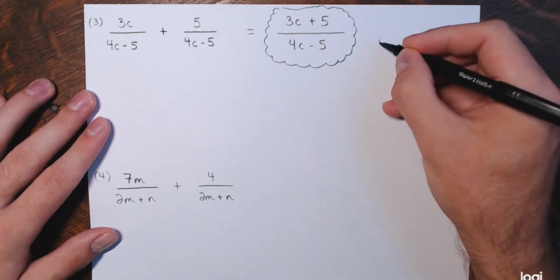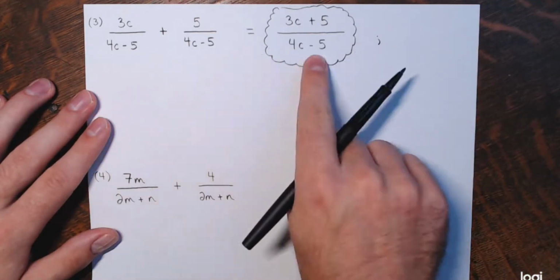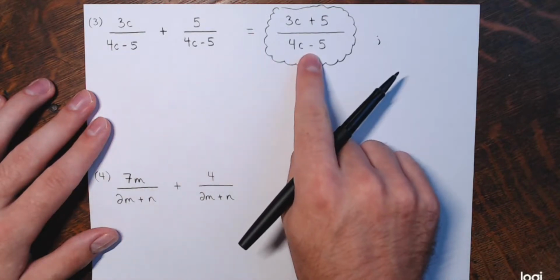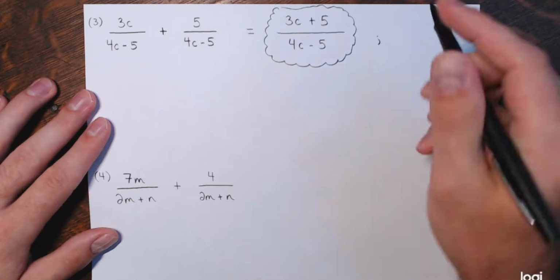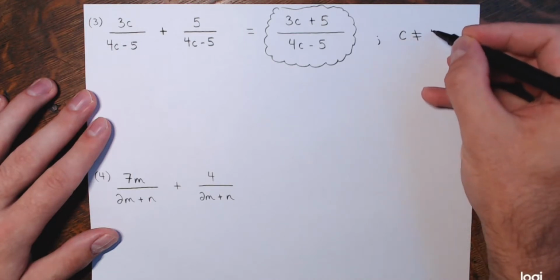All right, then off to the side here, looking at all the denominators throughout, the only denominator that shows up is 4c minus 5. The only factor in the denominator that shows up is 4c minus 5. Remember, that can't be 0. So that means that the value of c cannot be 5/4.